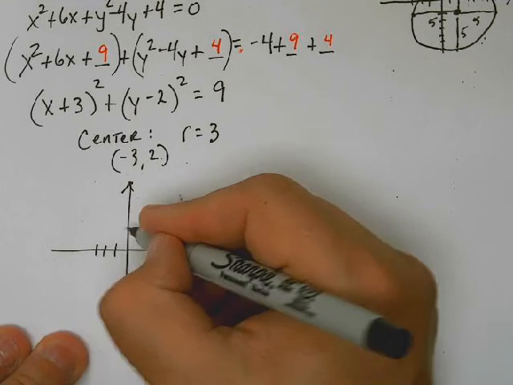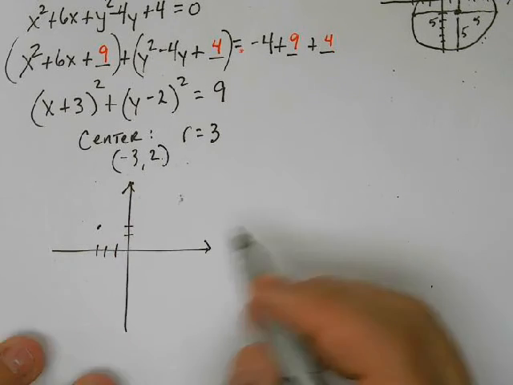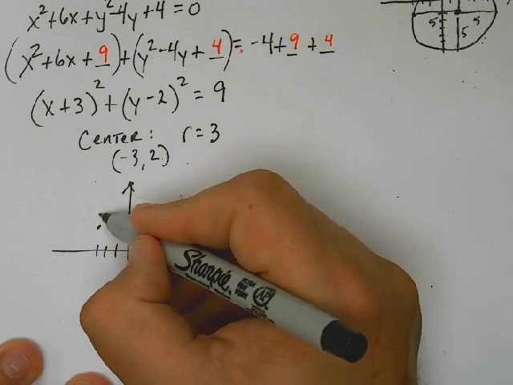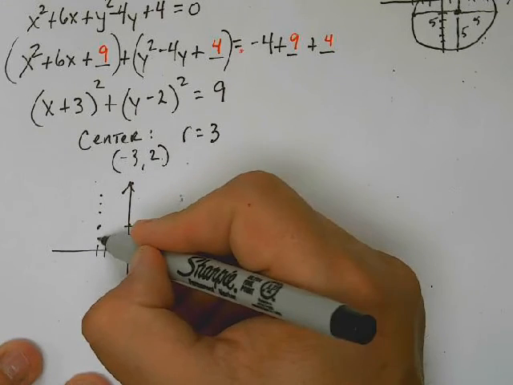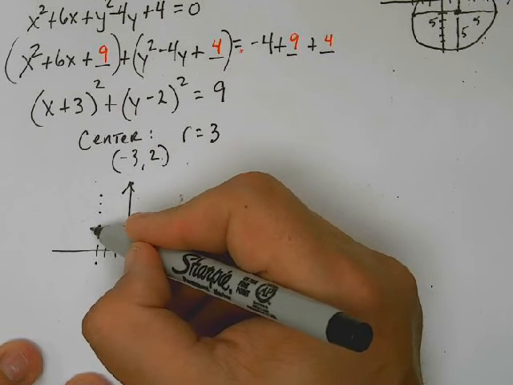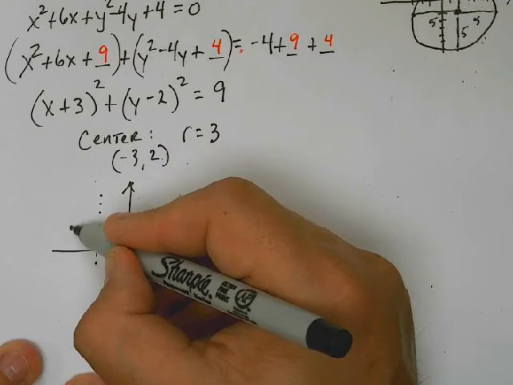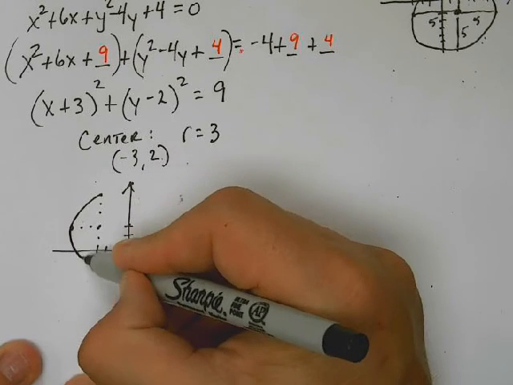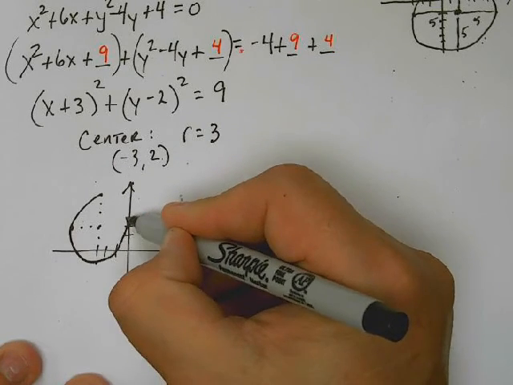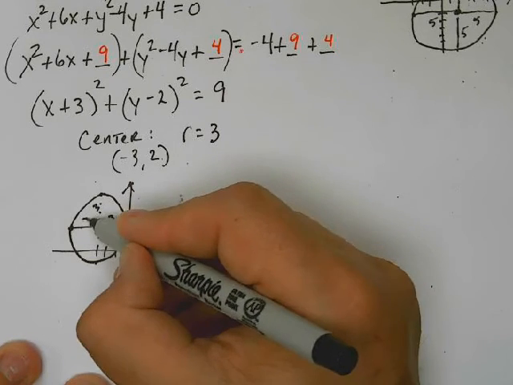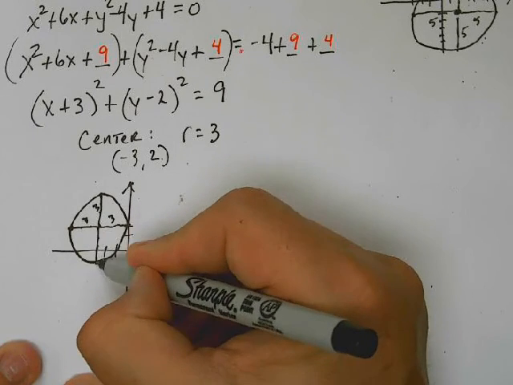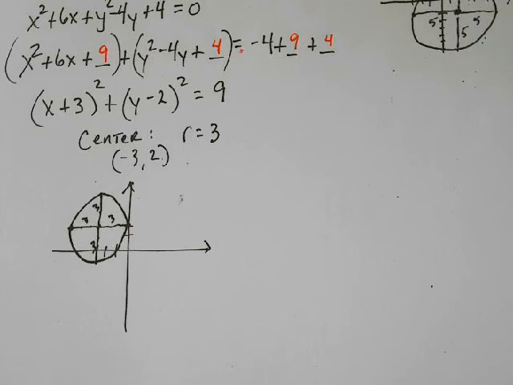My radius is 3, so then 1, 2, 3. There we go.